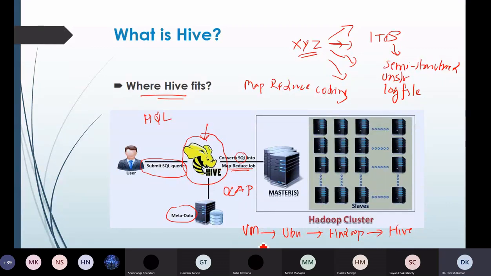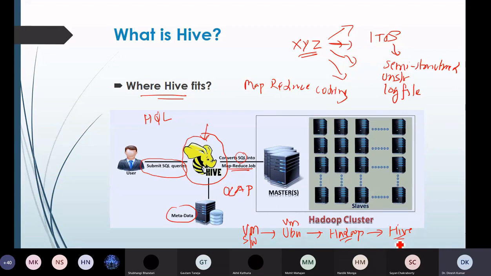So this is the sequence of software that you need to install for working with Hive. First, you can use your own machine and install Ubuntu. But if you have a Windows machine, you can install virtual machine software and create an Ubuntu VM. On that virtual machine software, you create one Ubuntu machine, the Linux-based machine, and then you install Hadoop on that machine.